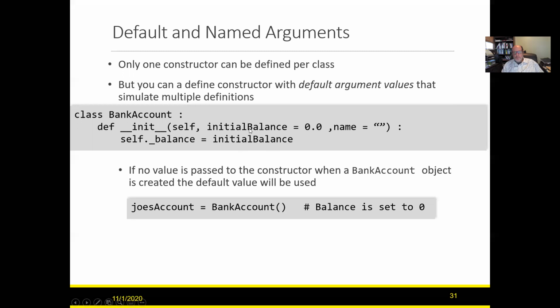We are passing these 2 parameters. We set this to 0, we set this to null, and then we put a colon, and we're going to say balance equal initial balance. So if the initial balance is not set, if we call it with no parameter, my initial balance becomes 0, and the name becomes this. If I call it with a number, then my initial balance becomes that number.